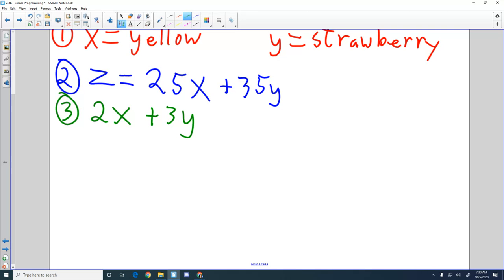And 2x plus 3y is going to represent all the hours that I'm spending making these cakes. And when I add up all those hours, it has to stay under this 450. It's got to be less than or equal to 450, because those are all the hours that we have available.